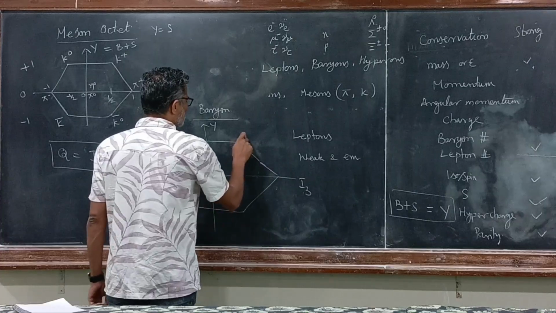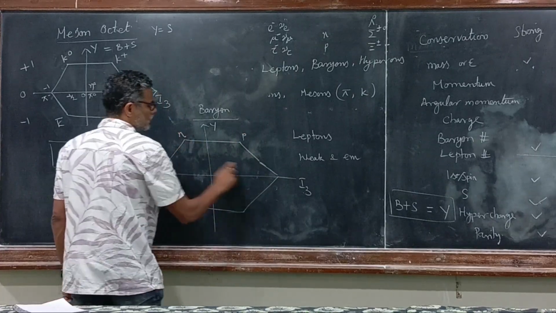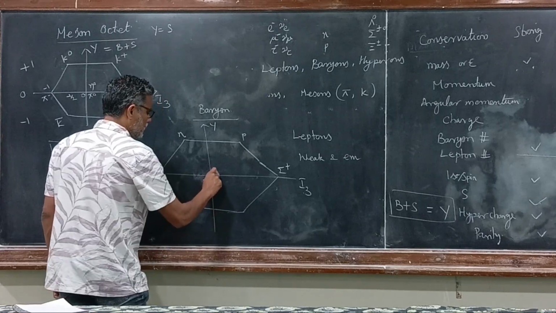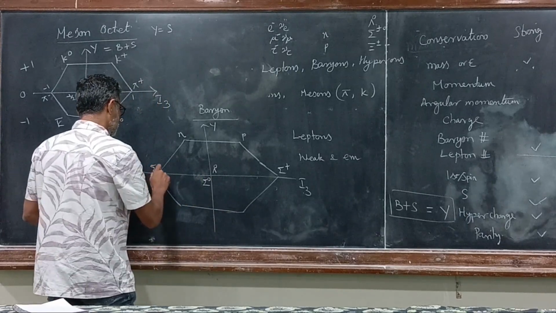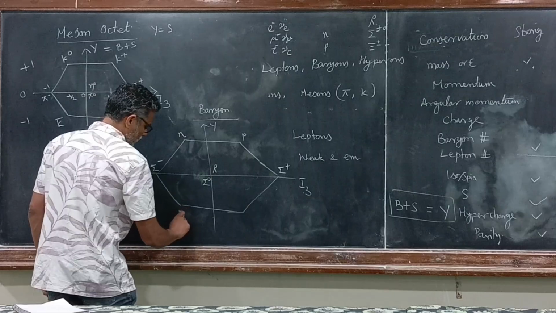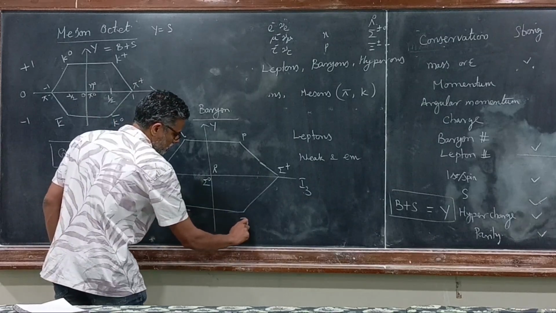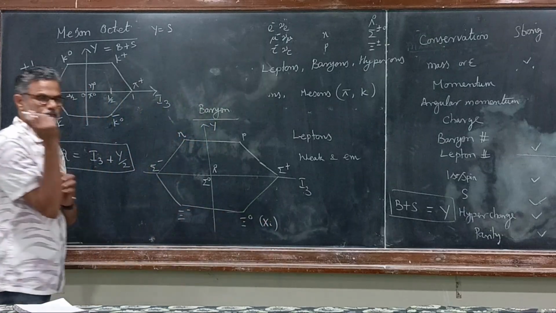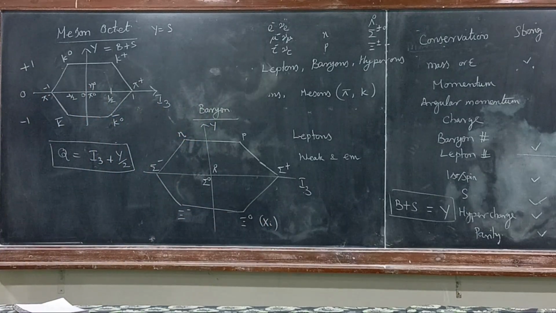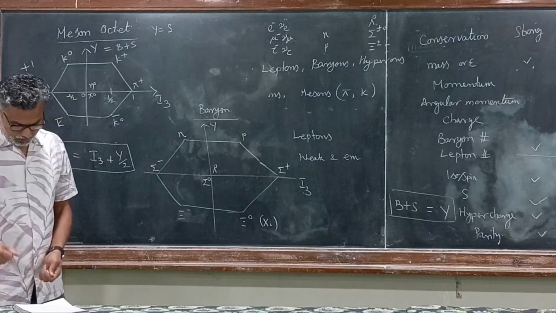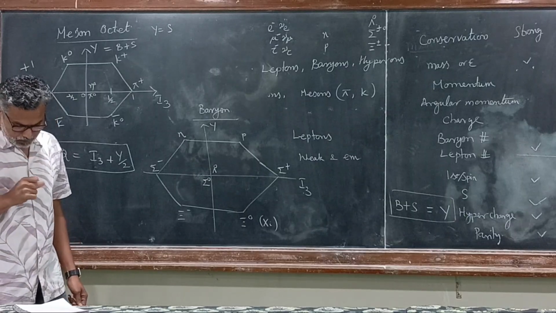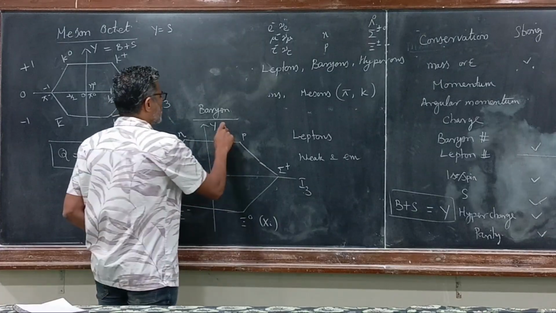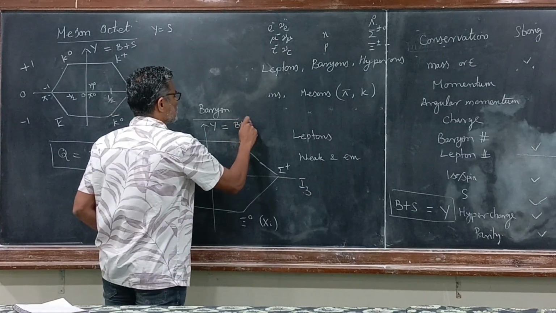In this one, the baryons are the proton and neutron, and you have the sigma class: sigma 0, lambda 0, sigma minus, and then capital chi minus and chi 0. Again the baryon number is 1 for this, so your y equals b plus s.